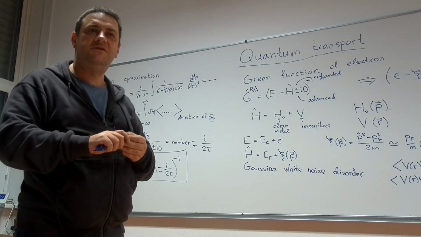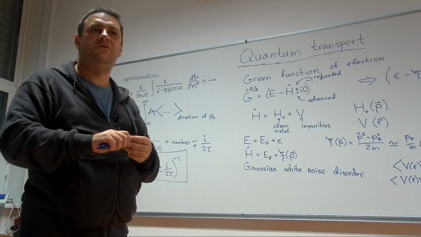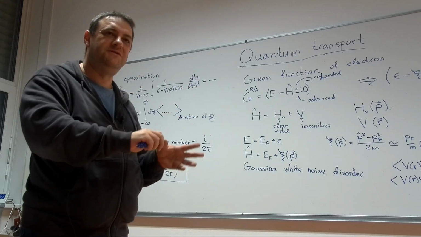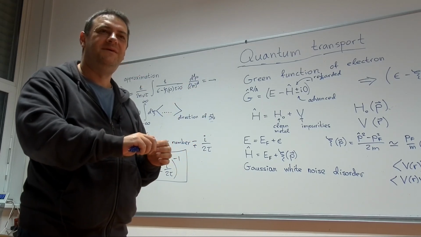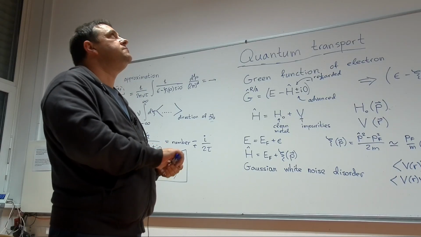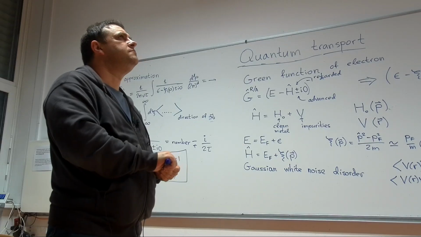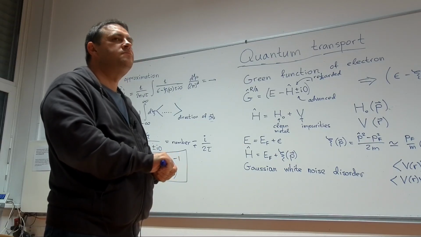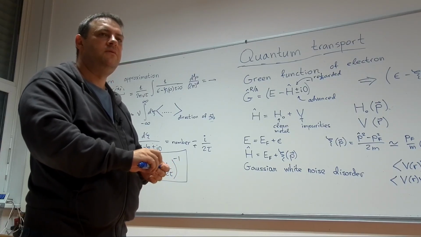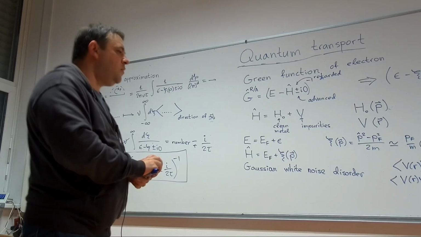Well, no, because then the imaginary part is zero, so it's fine. At the pole it's always discontinuous, right? The pole goes to zero and then flips the sign.